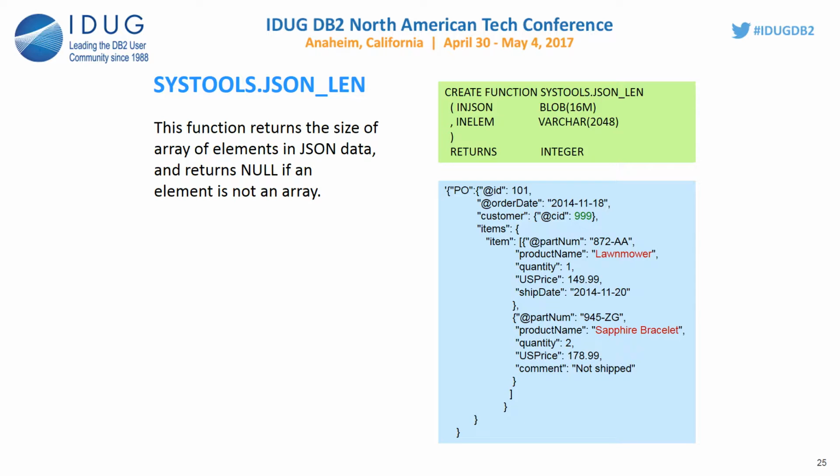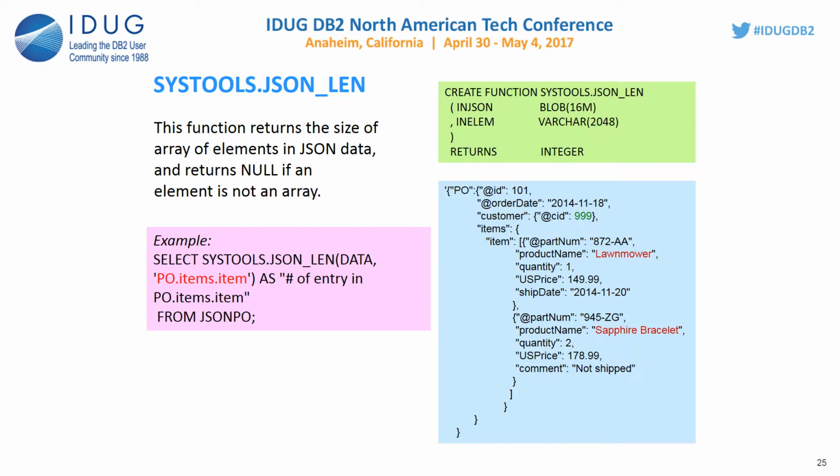So for this example, we select JSON_LENGTH, where data is the column that stores your JSON document, and put down PO items here. So it's pointing at this field. What should the result be? 2, yeah. It's 2 because there are 2 entries here, right? So in case you're pointing to a field that is not an array, this function returns a null value for you.